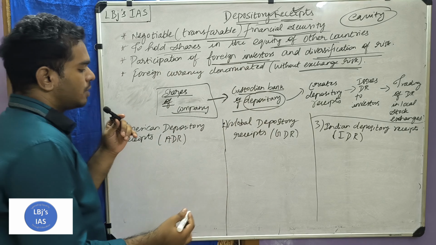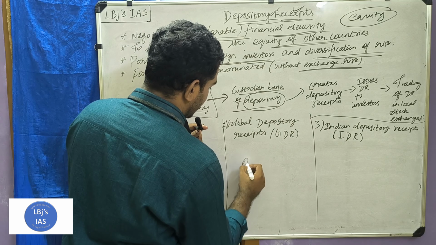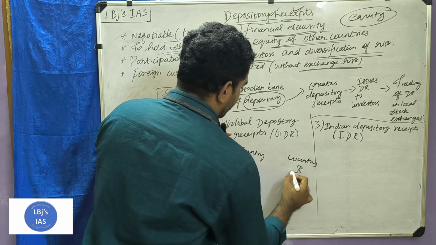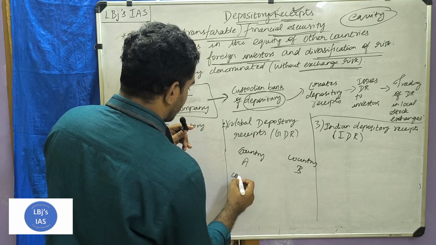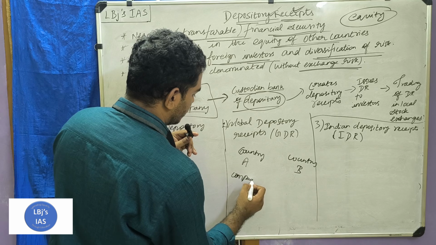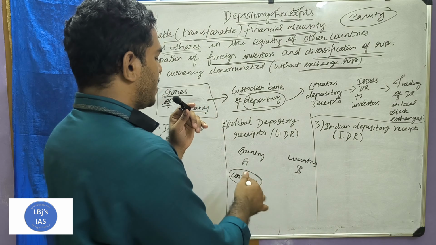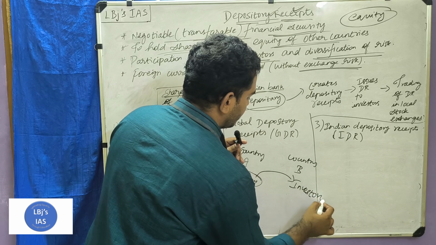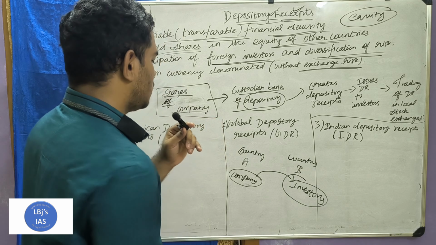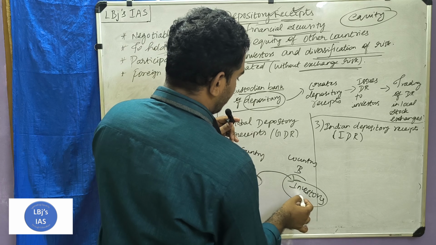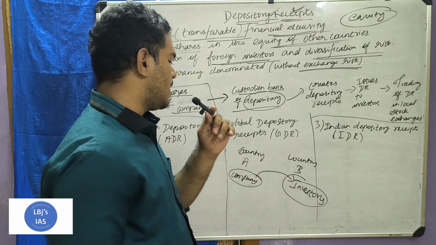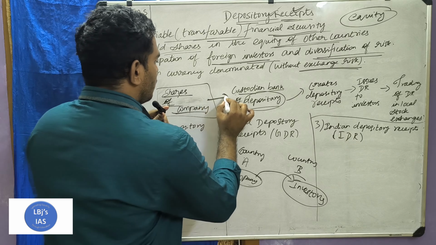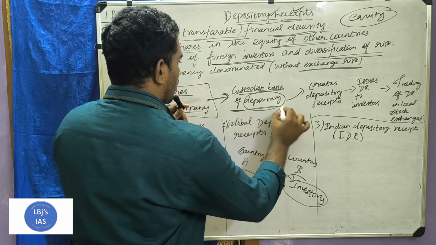So what is a depository receipt? Take for example two countries, country A and country B. If a particular company from country A wants to raise funds from investors in country B, the shares of this company will be deposited to the custodian bank of a depository.